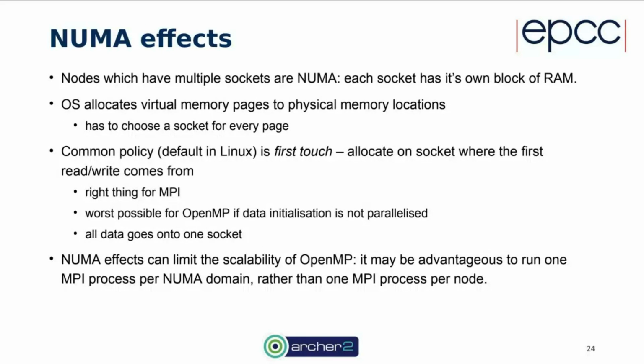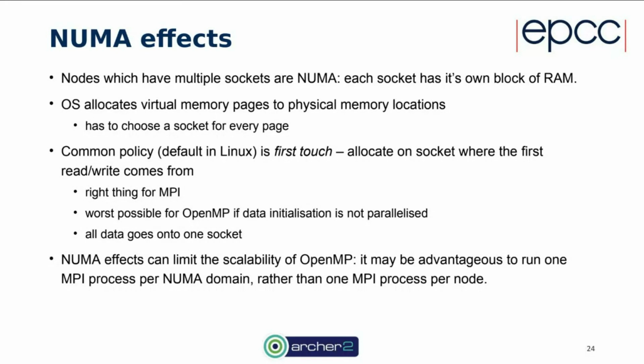And then we have to worry about NUMA effects. This really goes back to what I was talking about last time. Just to recap very quickly, nodes which have multiple sockets are NUMA, and now we're also getting chip designs where each socket has multiple NUMA domains as well. Basically each socket or each NUMA domain has its own block of RAM, and the operating system allocates the virtual memory pages to physical memory locations.